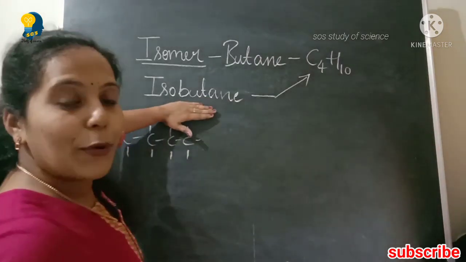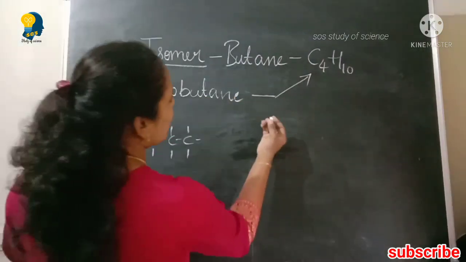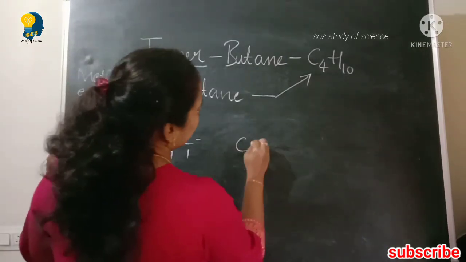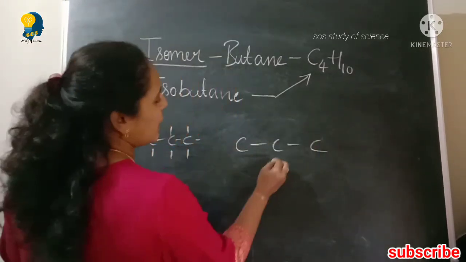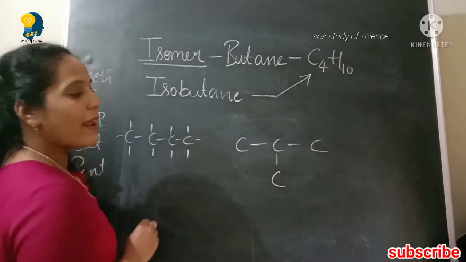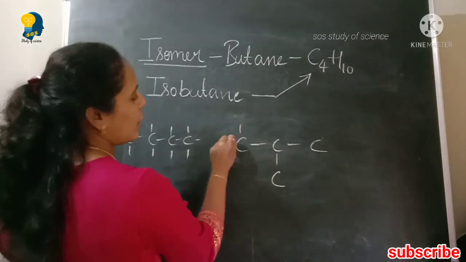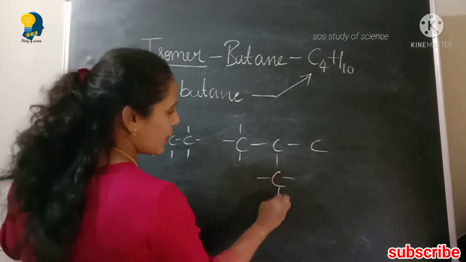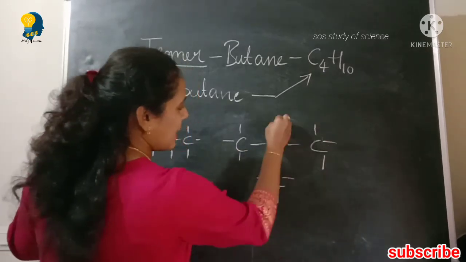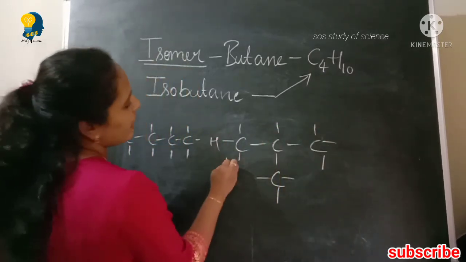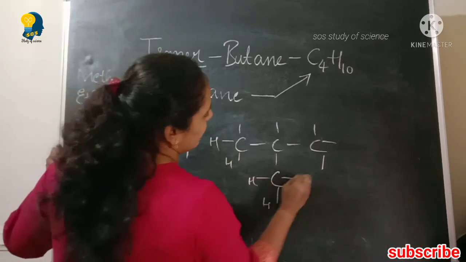Isobutane is branched: 3 carbons in the straight chain and the 4th carbon in branched form. The 4 carbons are surrounded by 10 hydrogens.